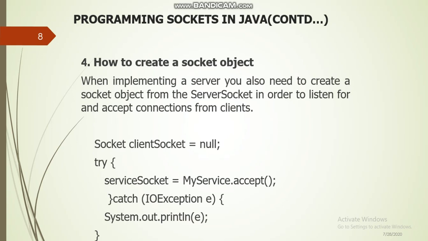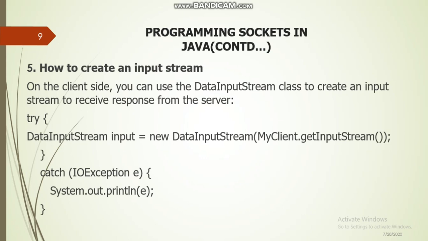That's why we are saying serviceSocket equal to myService.accept. If the server does not provide this, it means communication between the client and the server will not be possible. Now we need to specify whether the client or the server will accept information. To do so, we create a data input stream.